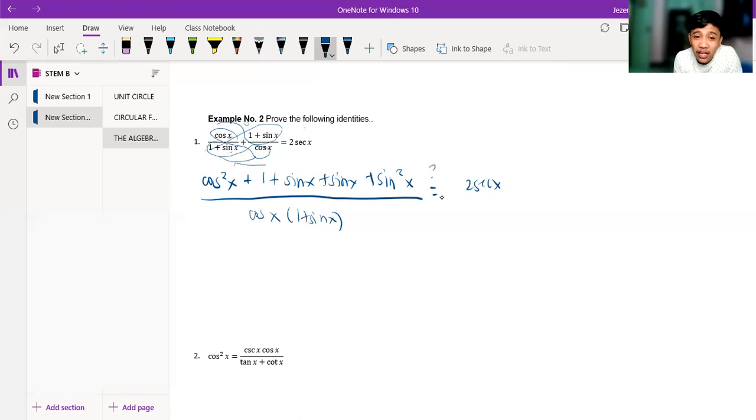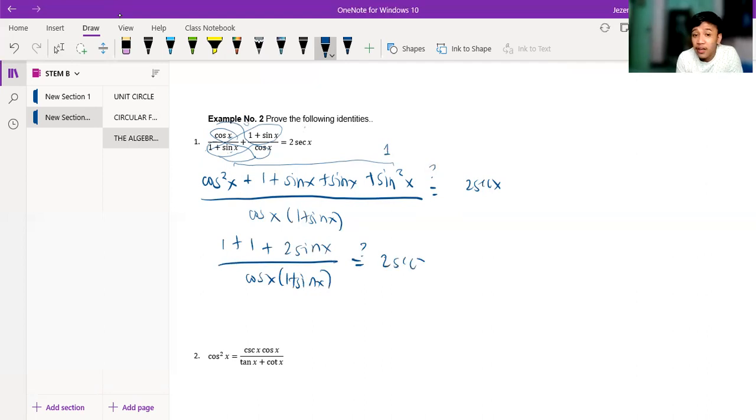So, cosine squared x plus sine squared x ay equals kay 1. Diba? So, therefore, yung nasa taas pala ay equals kay 1 plus 1. So, 1 plus 1 plus 2 sine x over cosine x times 1 plus sine x is equal, question mark muna, 2 secant x.